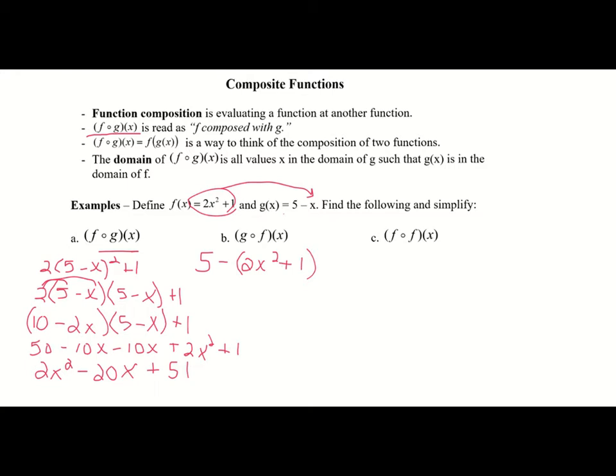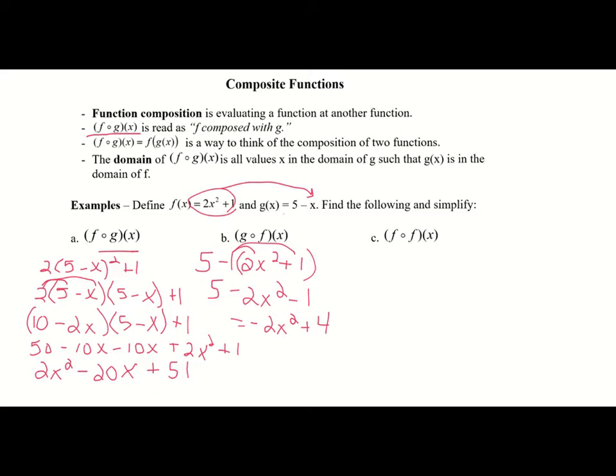We want to simplify this, so we distribute the negative outside the parentheses. It becomes 5 minus 2x squared minus 1. Putting it in descending order, negative 2x squared, and 5 minus 1 will be plus a positive 4. That will be my final answer.